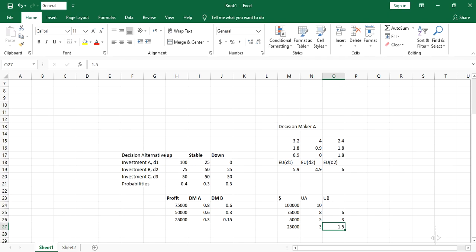So instead of the dollar values over here, we multiply these probabilities by these values. Okay, and now that one is okay.